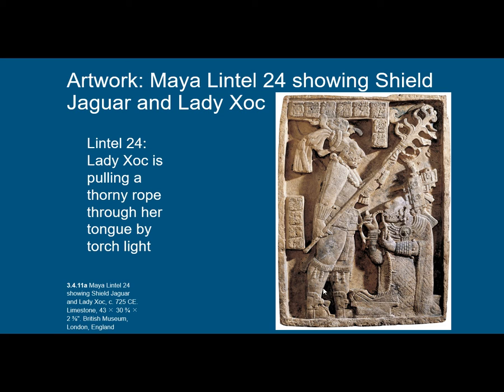I believe this one was in chapter 1. So this is a long series, but I'm just going to show you 3. There's 24 of them. So this is Shield Jaguar and his lady, and she is cutting her tongue with this rope, a thorny rope, which pulls through her mouth for bloodletting as a sacrifice to the gods.